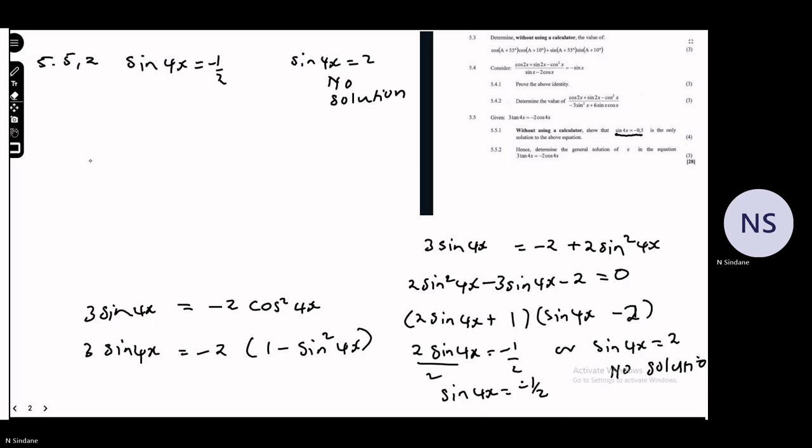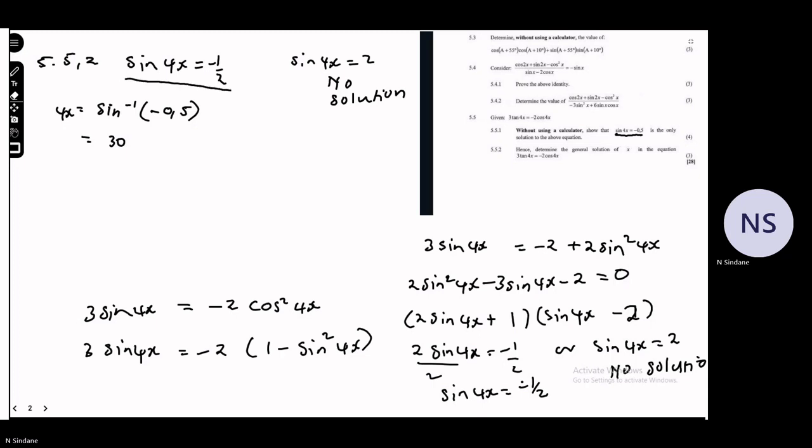So from here, we know that 4x is equal to sine inverse of negative 0.5, or negative 1 over 2. This will give us a 30, right? From the 30, we can clearly see that this is negative, right?